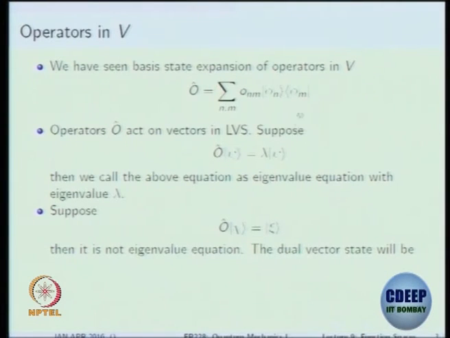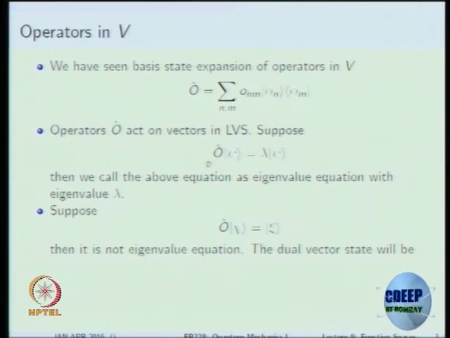Okay, so to proceed further, I passingly mentioned eigenvalues and so on, so I thought let me put it in here. Operator O acts on vectors in the linear vector space. Suppose the operator on an arbitrary state psi is lambda times psi. What is this equation called? It's an eigenvalue equation.